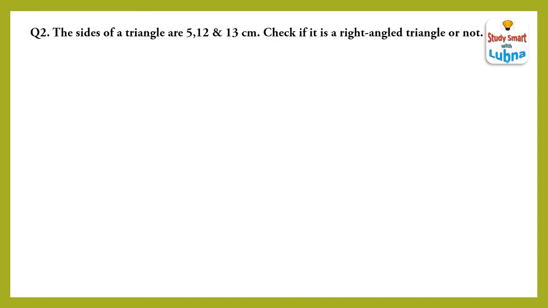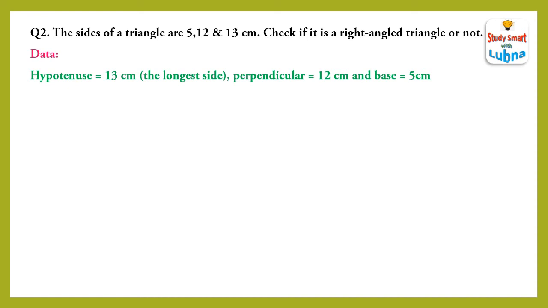One more example. Here the sides of the triangle are 5, 12 and 13 centimeter. We have to check if it is a right angle triangle or not. The data given in this question is that the hypotenuse equals 13 centimeter and it is the longest side.